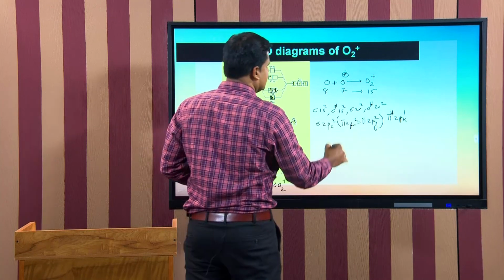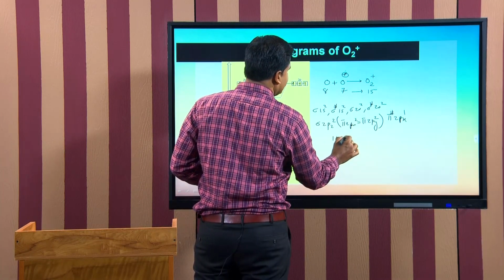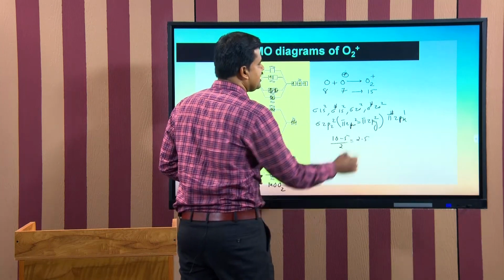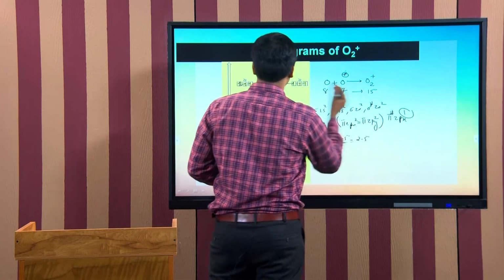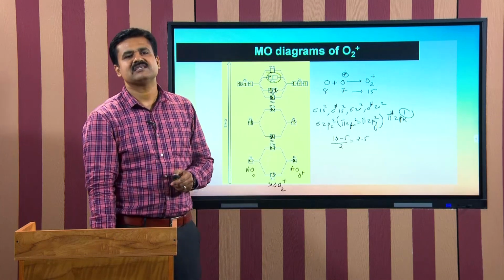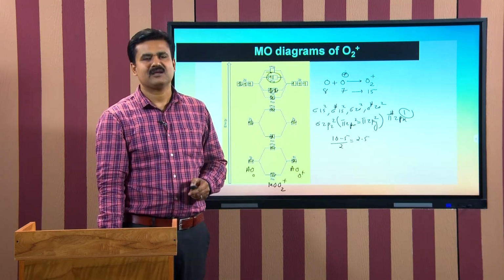So the bond order will be 10 minus 5 by 2, and that is equal to 2.5. Again you can see the presence of one unpaired electron here in the MO diagram, and the O2 plus molecule is again a paramagnetic molecule.